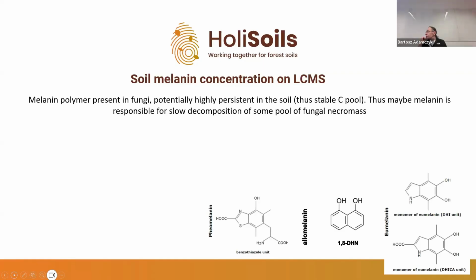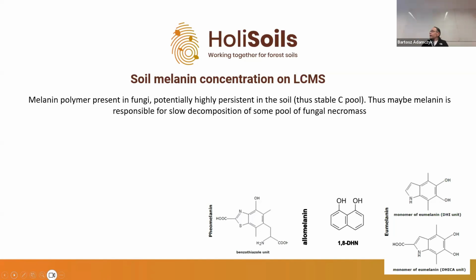Here you can see that people are usually using the term melanin, but it's far more complicated because there are at least 4 different types of melanin produced by fungi. Here are the most typical ones. On the left, you can see pheomelanin, not very typical for the fungi, but still some fungi can produce it. This pheomelanin also contains nitrogen and sulfur, so not a very economical version of melanin because fungi have to spend a lot of nitrogen and sulfur for that.